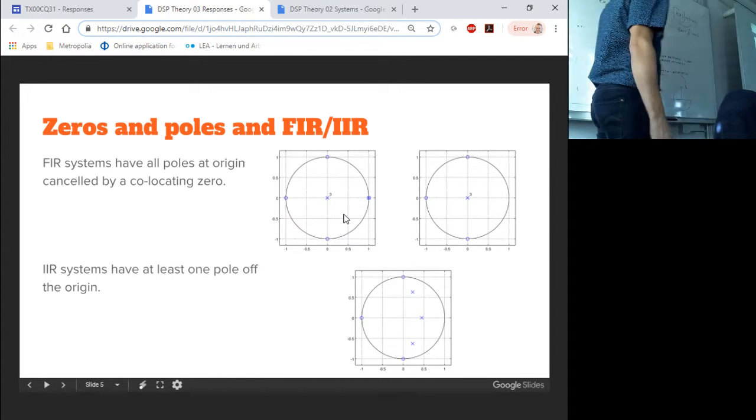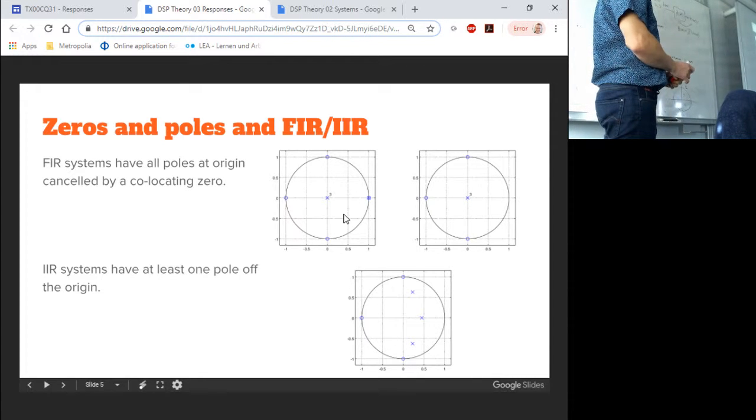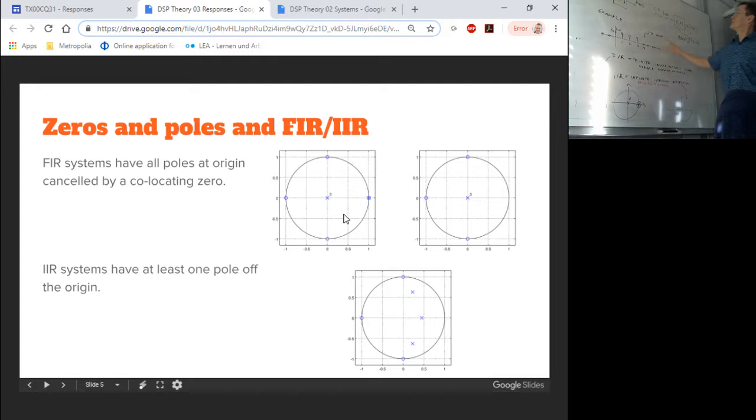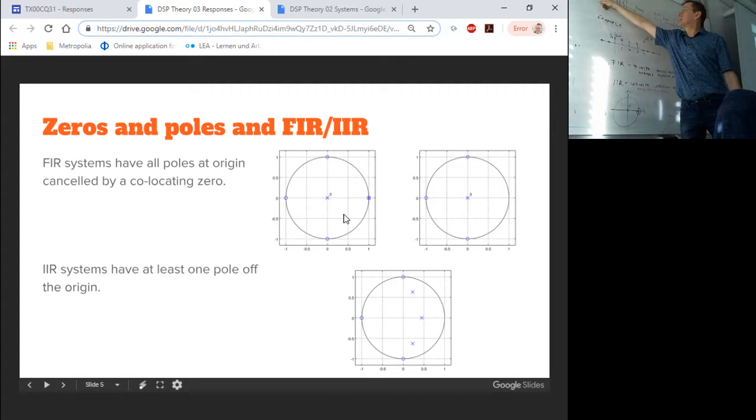So basically, the zero pole plot is quite informative actually. It shows you how many zeros and poles the system has, meaning the degree of the system, the order number of the system. Then it also shows if it's a finite or infinite impulse response system. Although for impulse response, when you feed a delta inside of just any system, then by the definition, that's your impulse response.